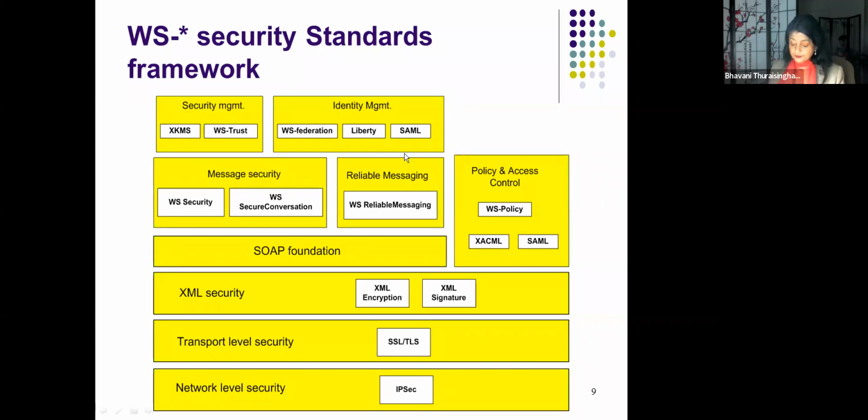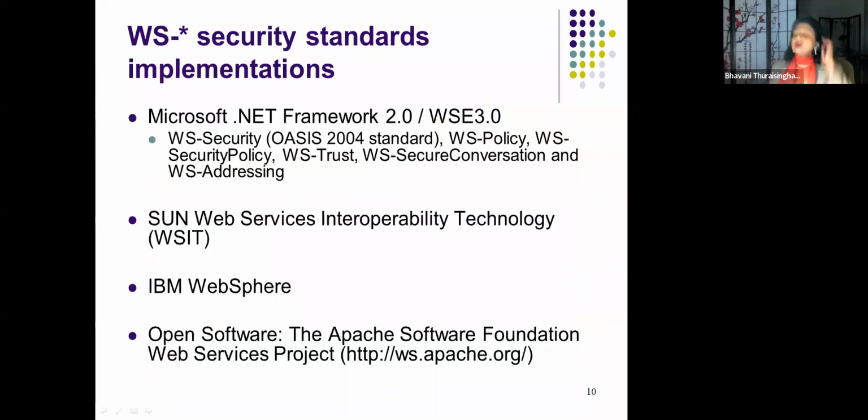Okay, so what about the implementation, various implementations for the last probably 20 years? Microsoft, of course, they have got their .NET framework, right? And it has evolved over the years, several variations. And then Sun Microsystems, it was the company for Java and also web services, but they have been purchased by Oracle.